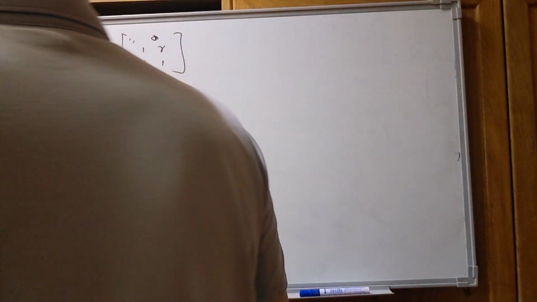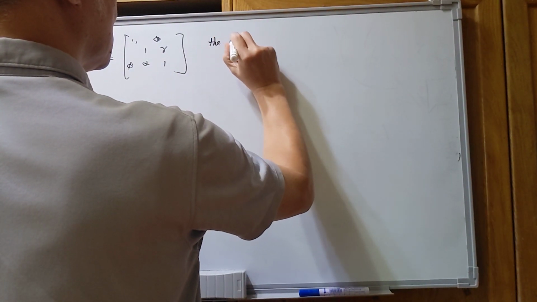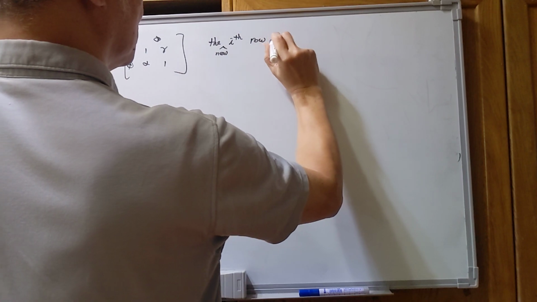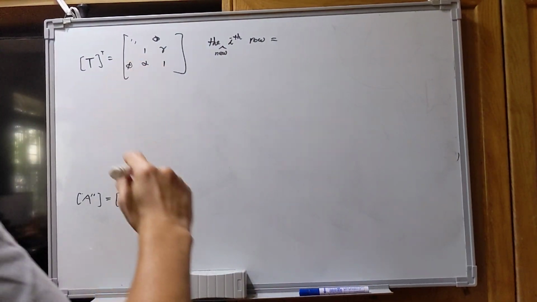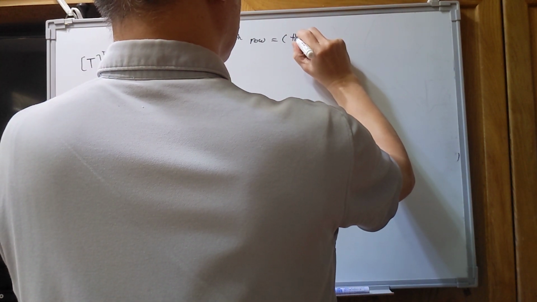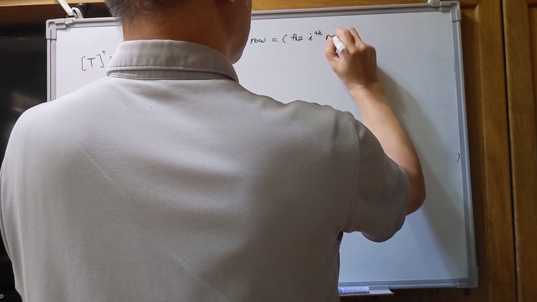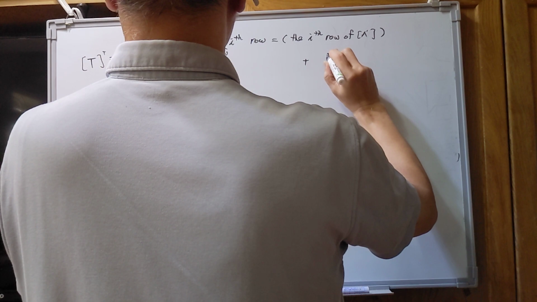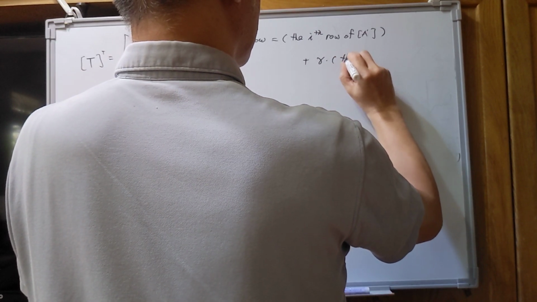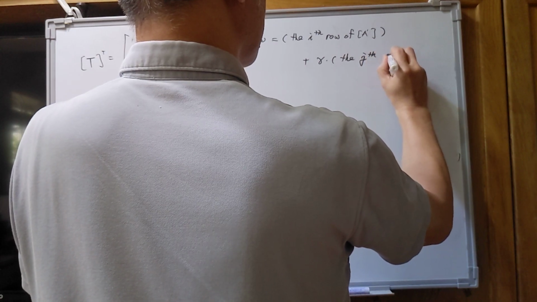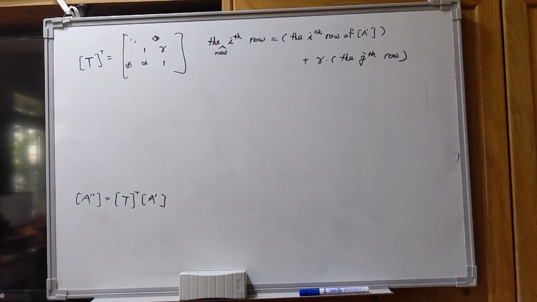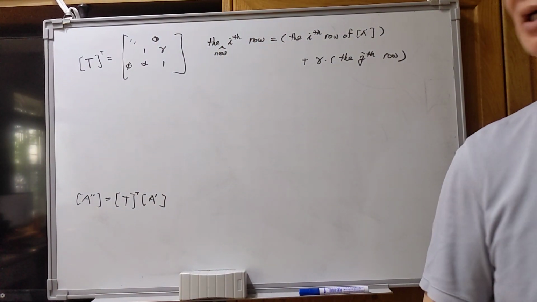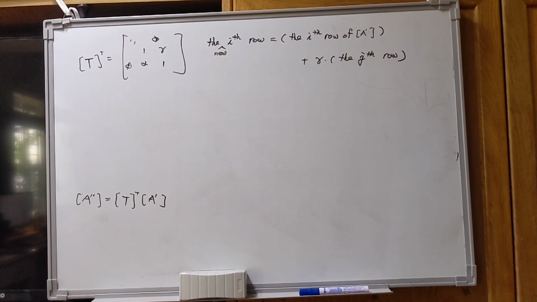And the new ith row will be equal to the original ith row of A prime plus gamma times the jth row of A prime.